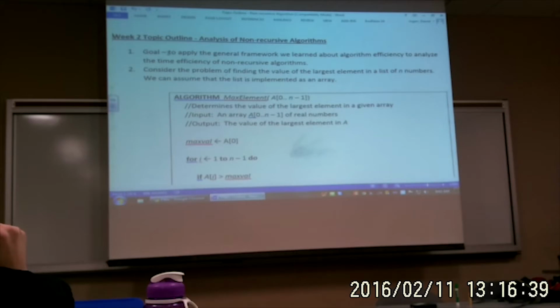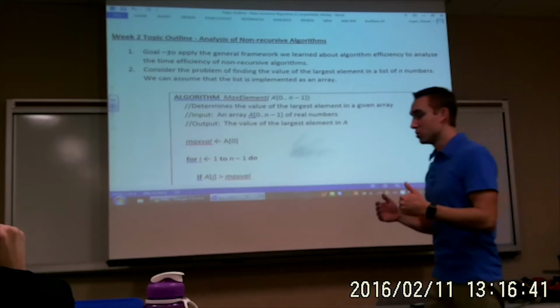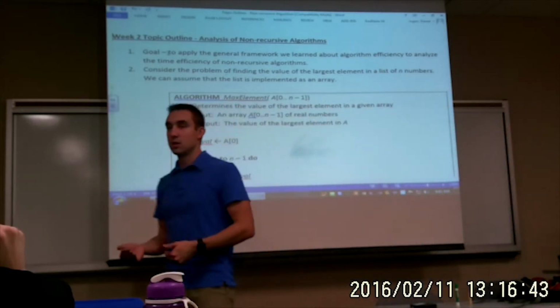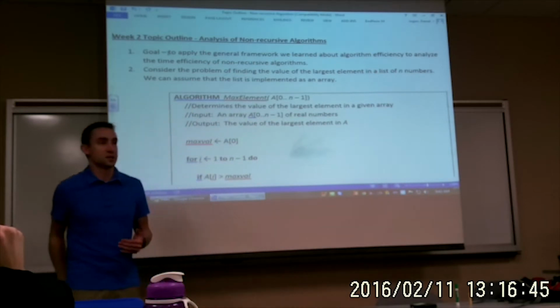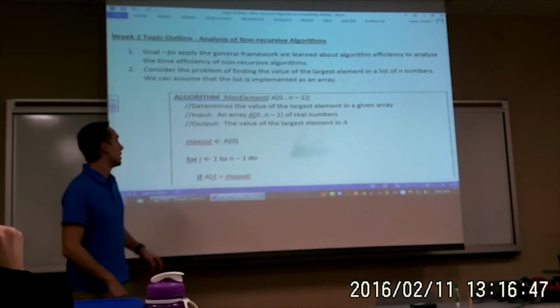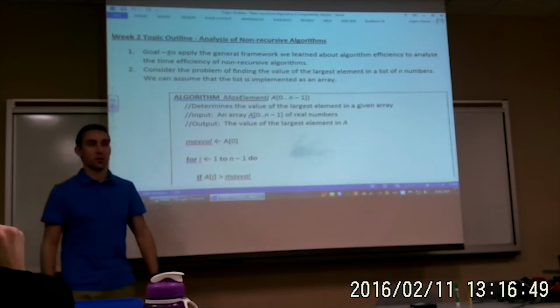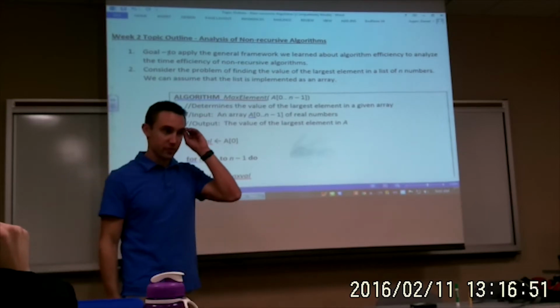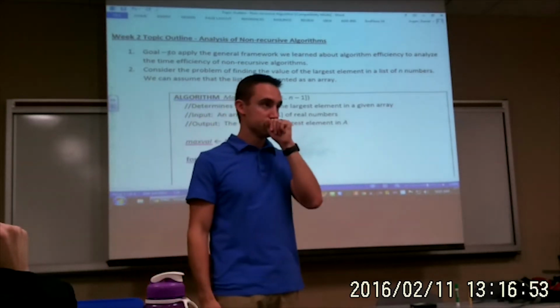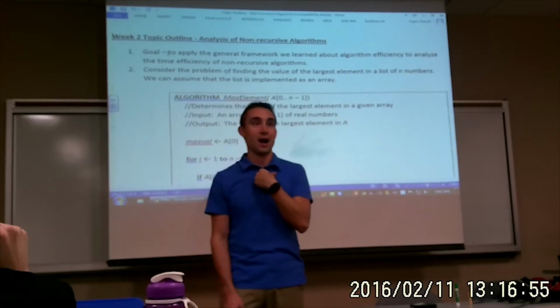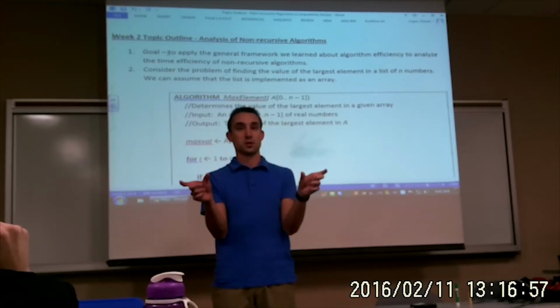Now that we have a basic understanding of big O notation and analyzing algorithms, we are going to move into the process of analyzing, really breaking down non-recursive algorithms. And for the purposes of this class, we're going to separate algorithms into two categories.